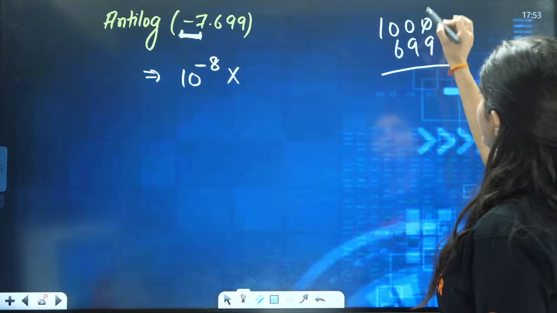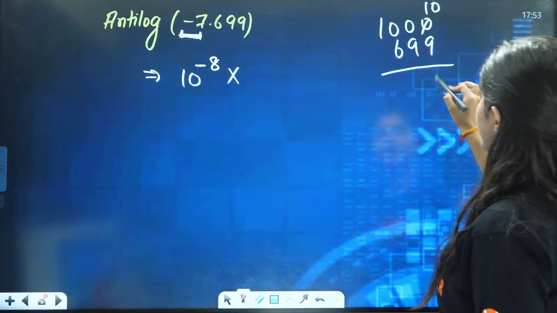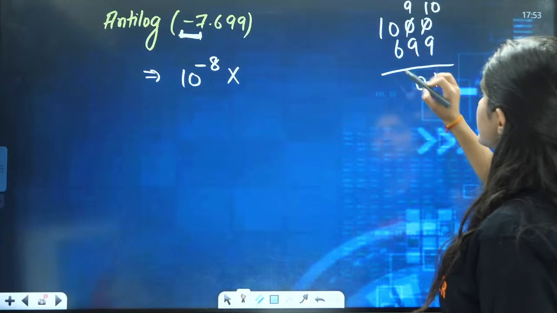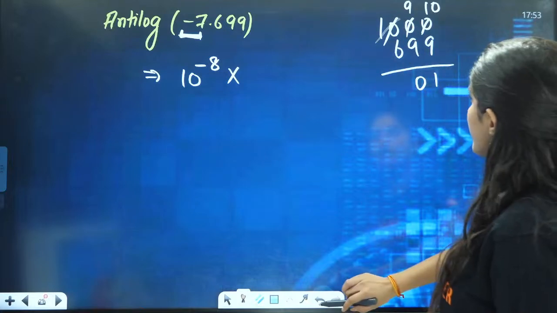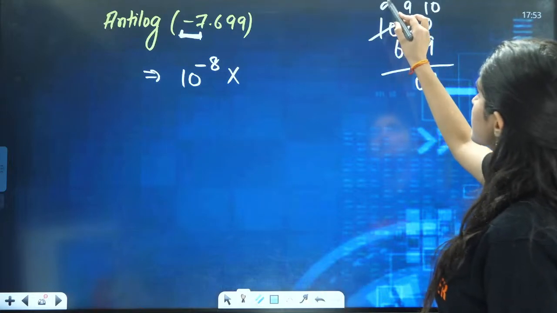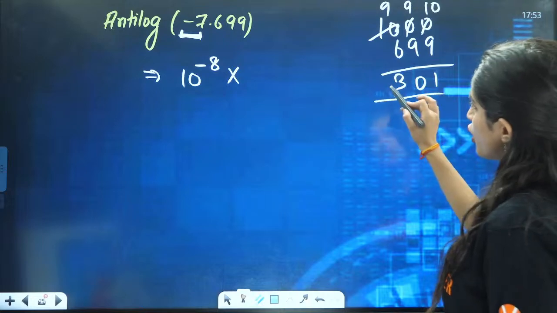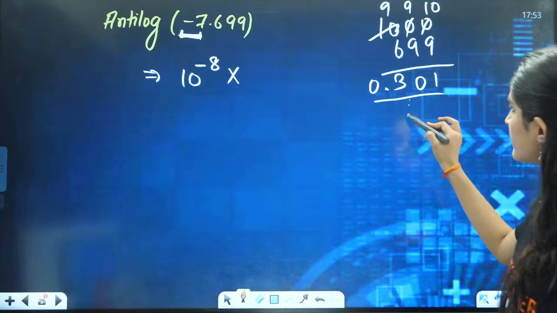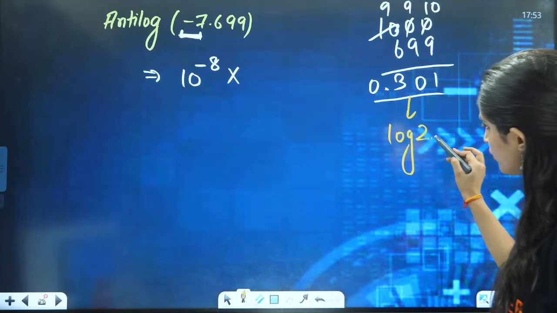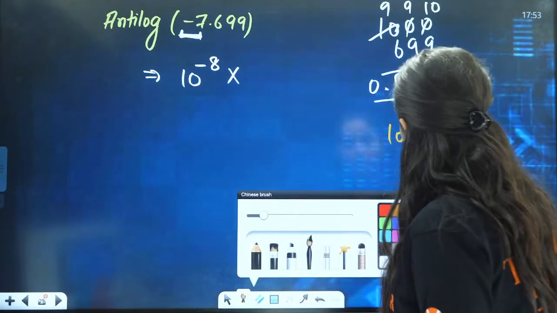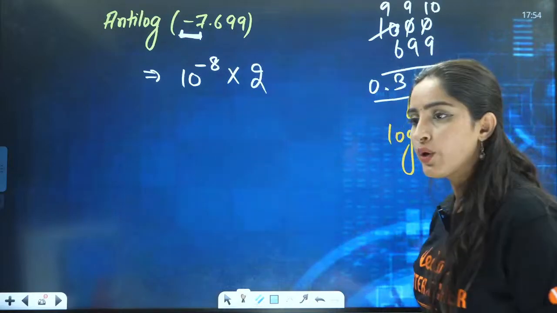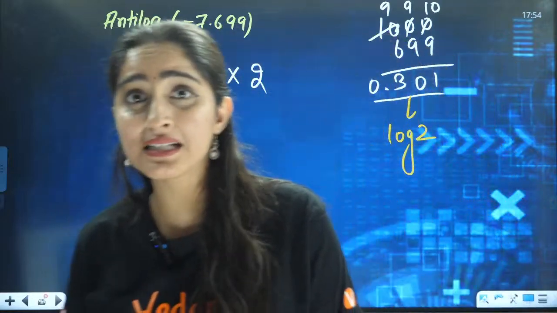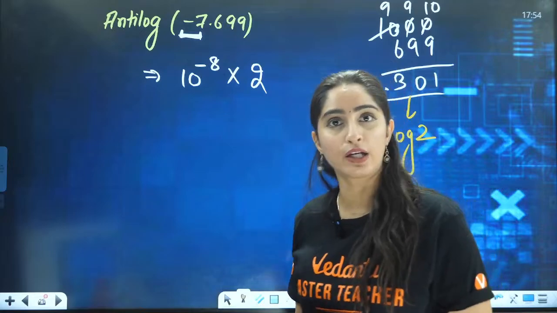So it will become 10 minus 9 is 1. 9 minus 9 is 0. This is 8. This is 9 minus 6 is 3. Put a dot here. We know that 0.301 is the value of log 2. So here the answer will be 2. 2 into 10 raised to power minus 8 is the correct value.